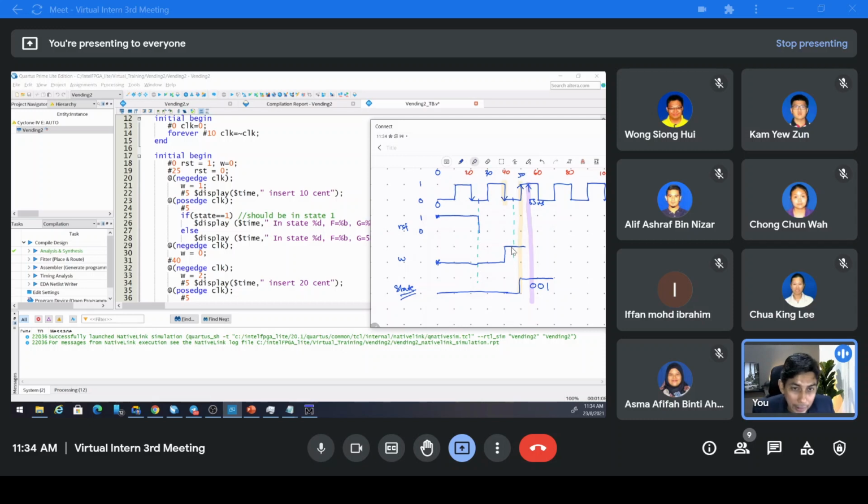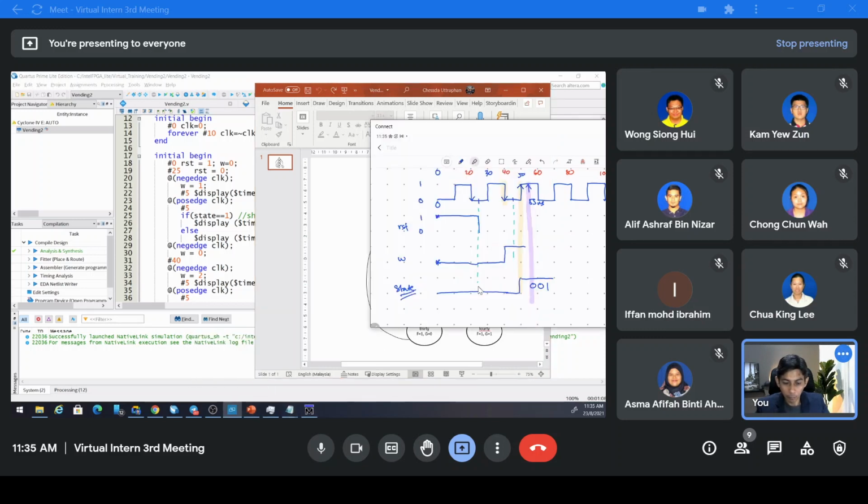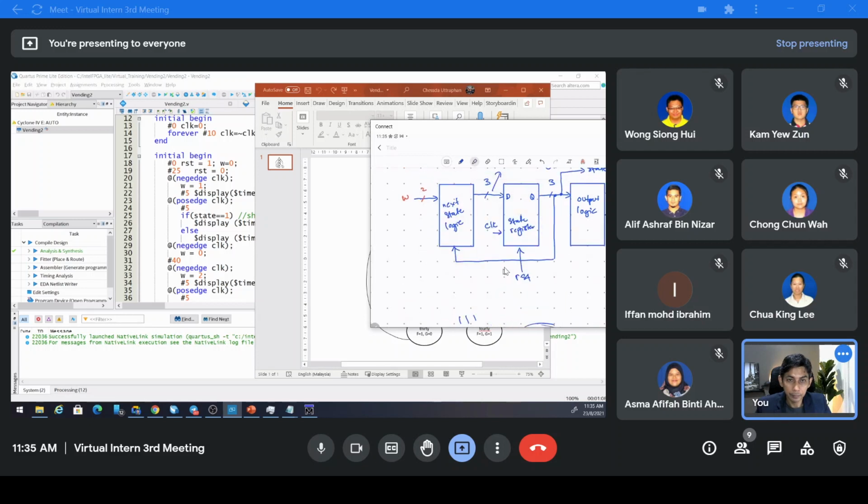When we insert 10 cents here, at the next positive edge we should go to this state, right? Because our design here is positive-edge triggered. So it will change to the next state at the next positive edge after the input changes.